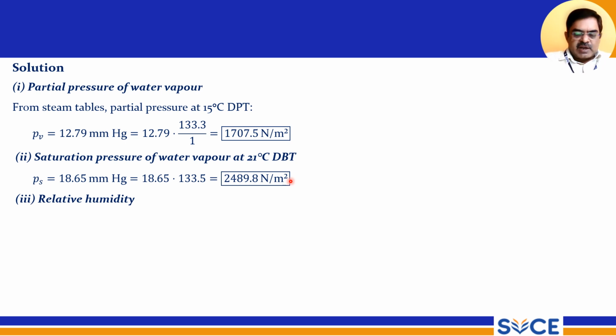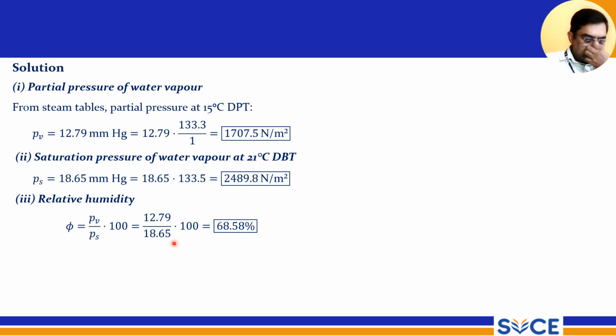The third parameter to find here is relative humidity. We know that relative humidity phi is equal to PV by PS into 100, and we know the PV and PS, so that is equal to 12.79 divided by 18.65 into 100. In terms of percentage, that is equal to 68.58%.